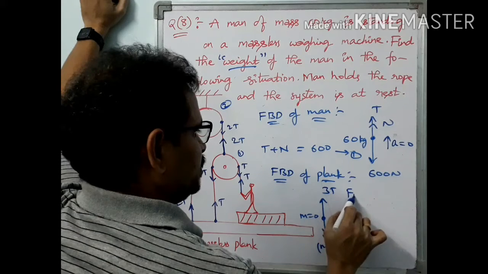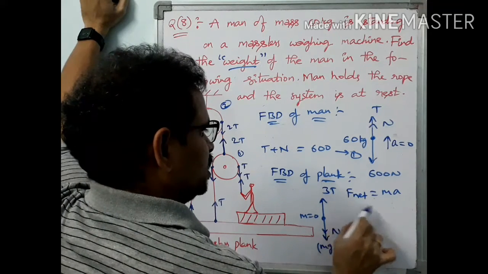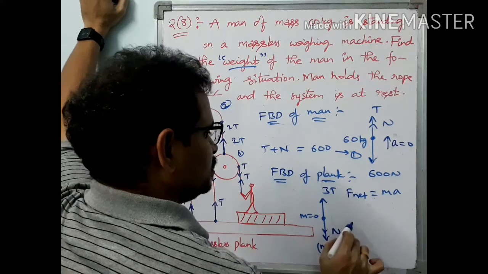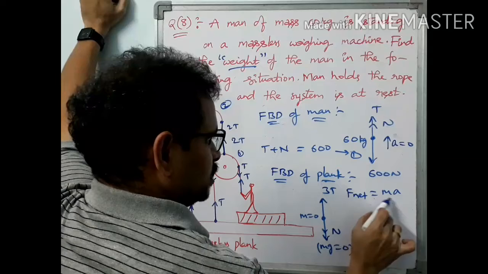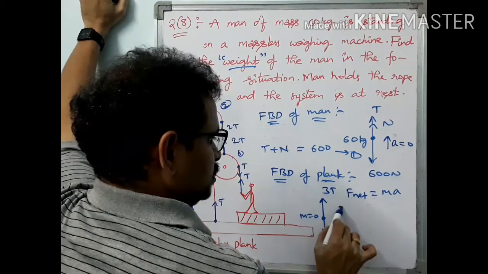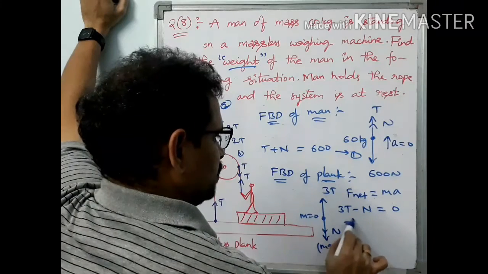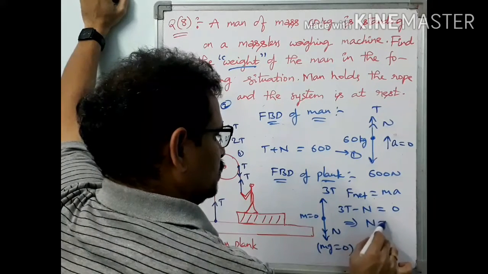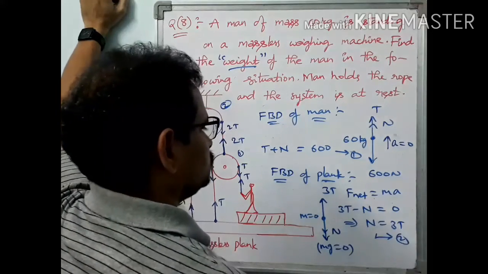So F net equals MA. So here F net equals 0, because the right side value is 0. 3T minus N equals 0, which implies N equals 3T. This is equation 2.